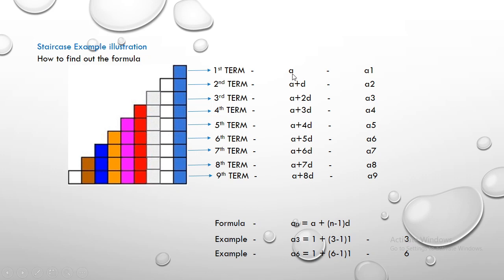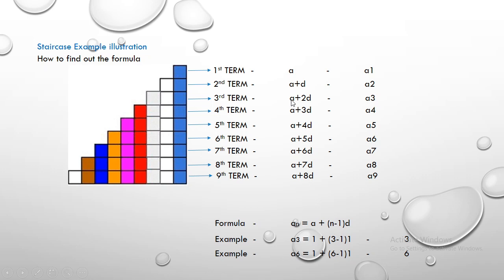Here, A is the first term. The second term, that is the second row, we call A plus D. D is nothing but the difference between the second term and the first term. So the second term contains A plus D bricks. Like that, the third term is A plus 2D. How can you say A plus 2D?